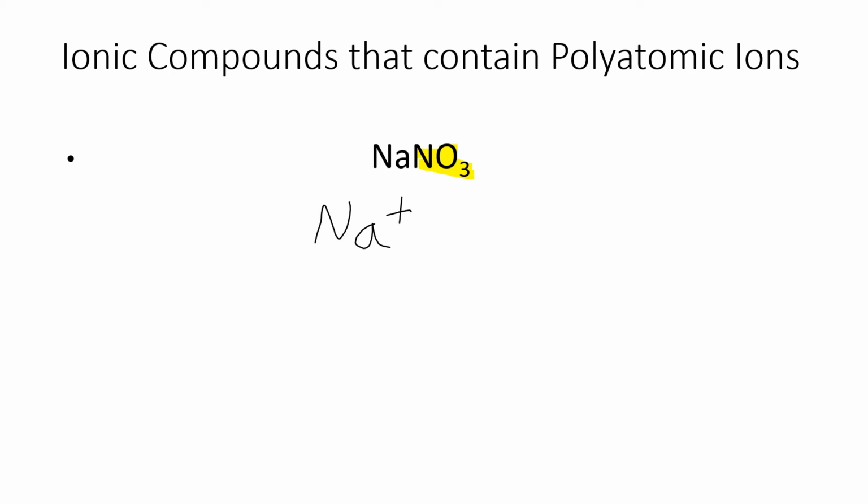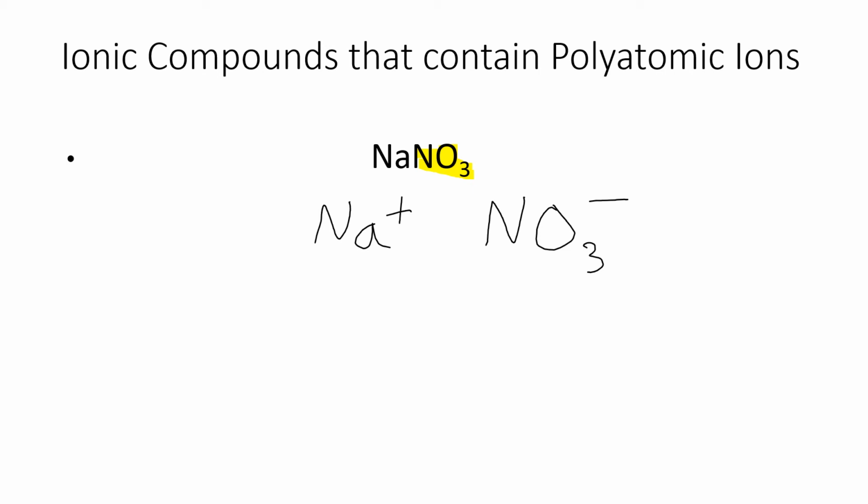Now, for nitrate, we have to recognize that NO3 is that polyatomic ion. We keep it together. We're not splitting it into a nitrogen and 3 oxygens. As a group, this collection of atoms, NO3, has a charge of -1.